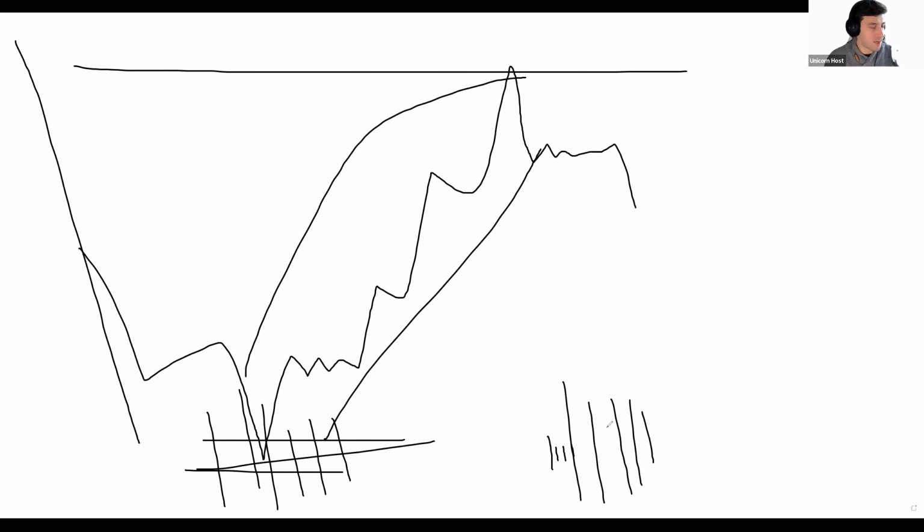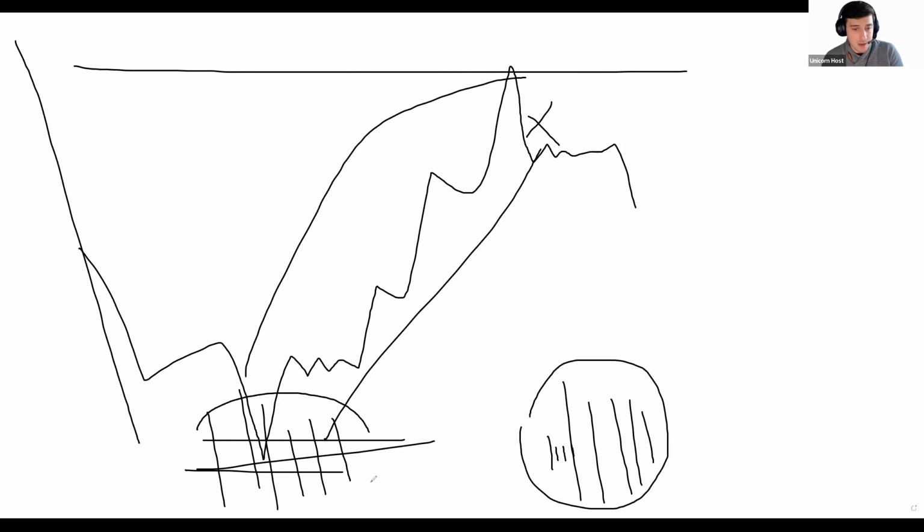We'll talk about that properly in the coming days. However, what you need to keep in mind for now is that higher volume at the top means selling pressure. Higher volume at the bottom means buying pressure. Why is that happening? We'll cover that in the coming days.